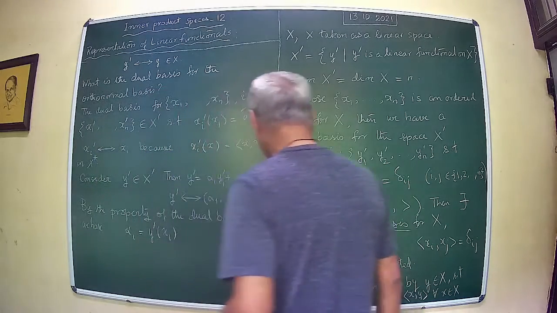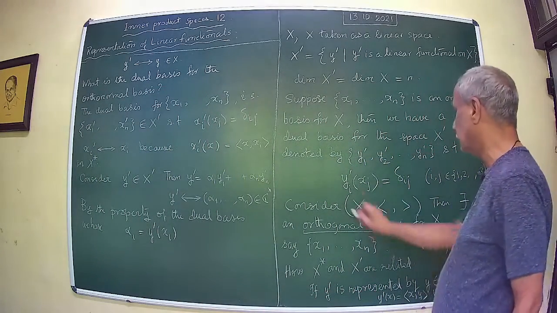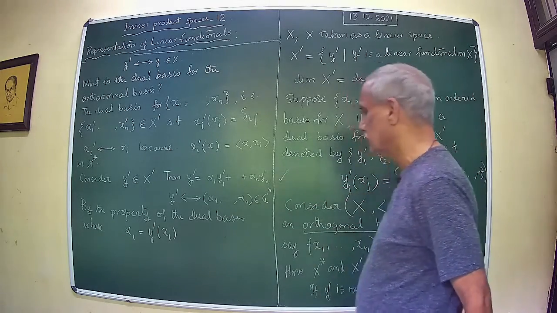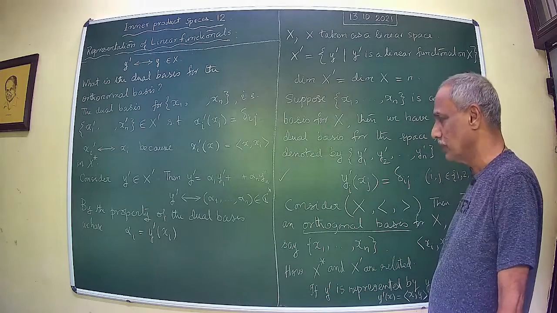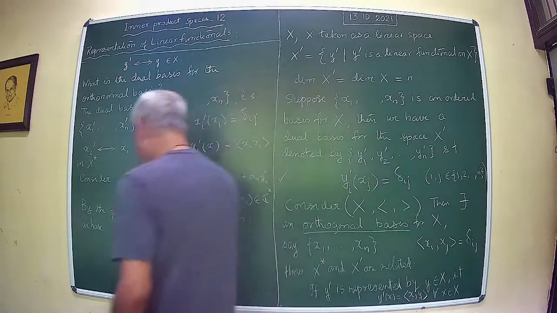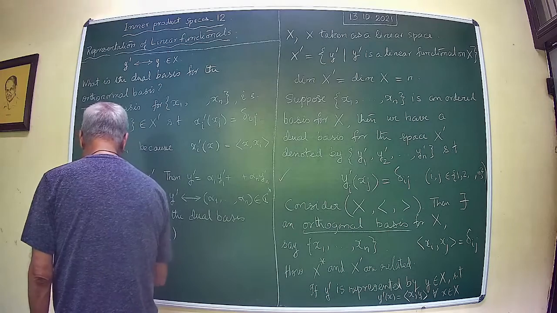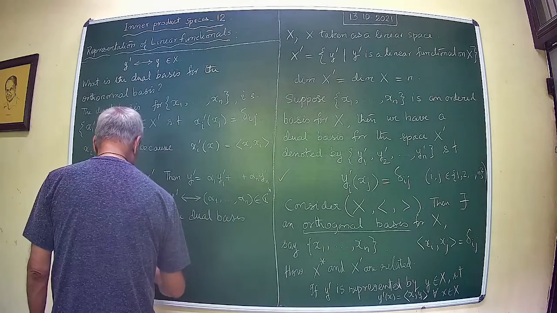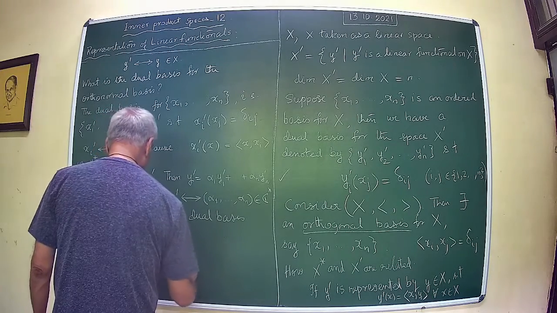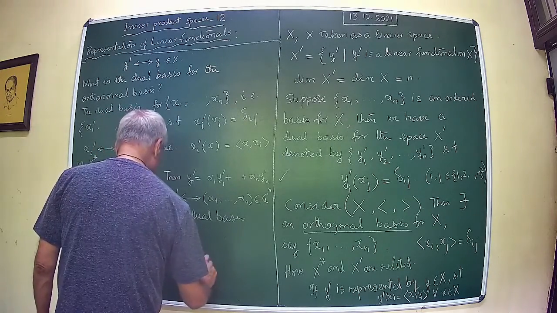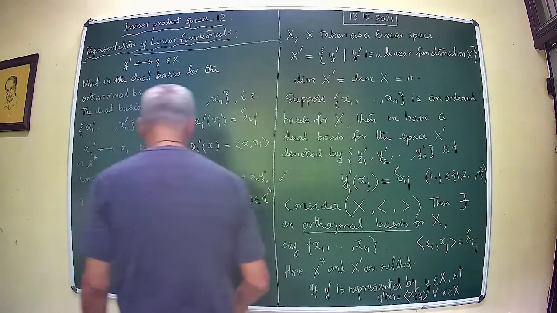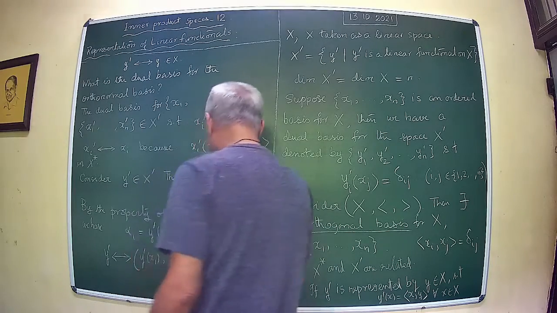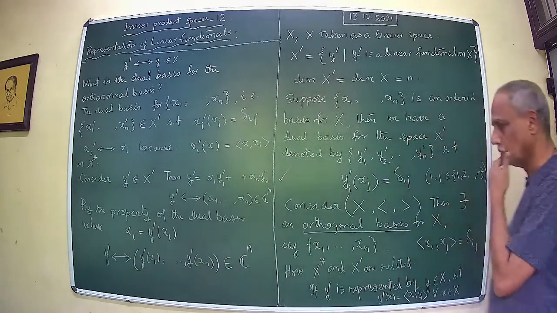That is quite easy to find out because this property you make use of. This is the one that you use. Okay. Therefore, y prime is identified with an element of Cn. That's a representation that you have.